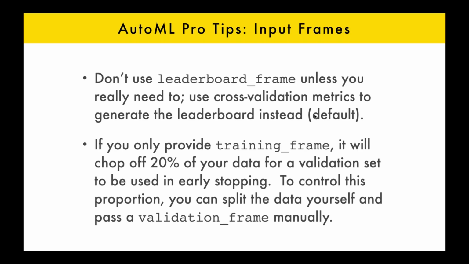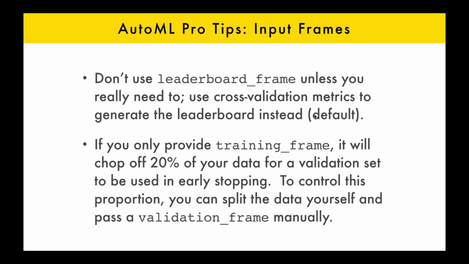Really all you have to do is provide the training frame, and even though there is a validation frame argument, you don't have to use it. If you don't specify a validation frame, we will just make one for you. We'll take 20% of your training frame and chop that off, and that's basically for tuning the GBMs, but also the other algorithms.